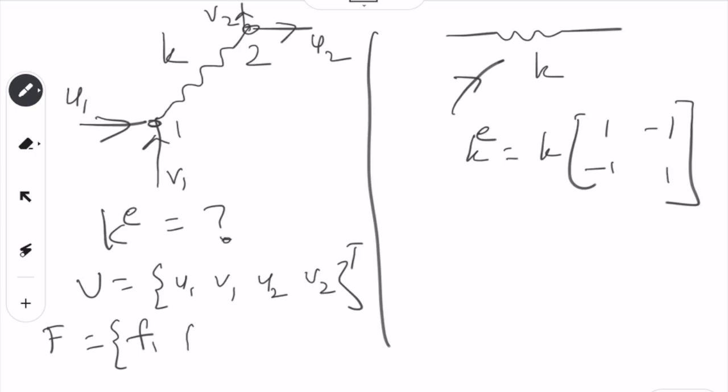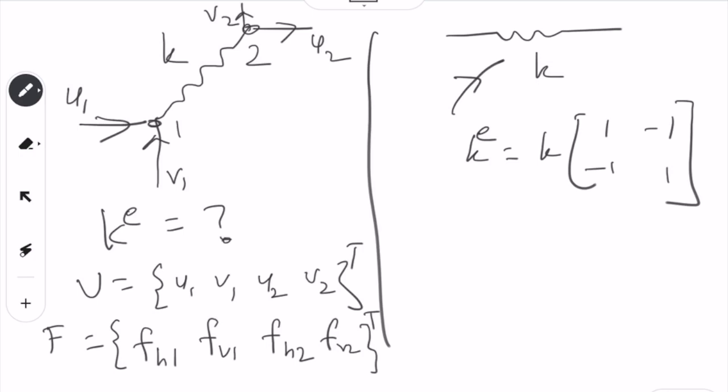And similarly the force will be F, let's call it horizontal. This one is horizontal, so we will write H, FH, and like that. So this will be FH1, FV1, FH2, FV2.